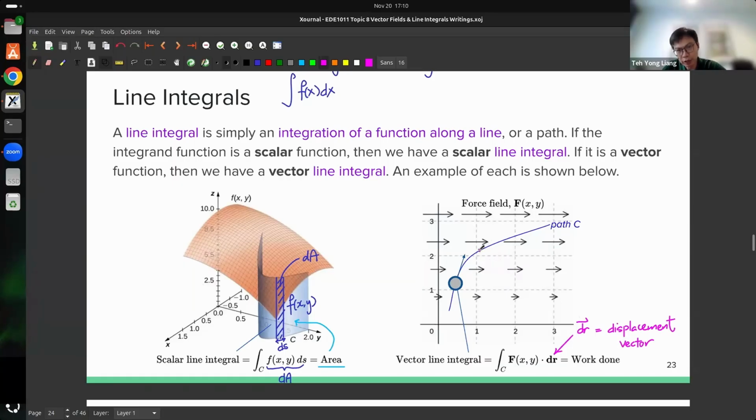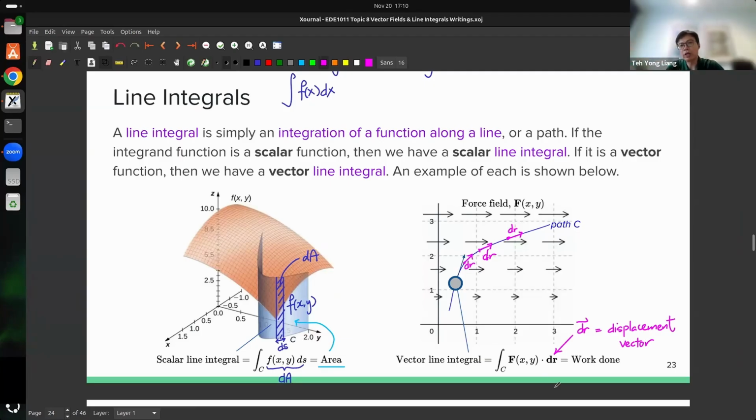If you're at this point, you can say that the displacement vector dr is this. Then if you're at this point, the displacement dr is this. Then if you're at this point, the displacement dr can be this. So it's a very small displacement. In fact, it's infinitesimally small along the path. So dr is a bunch of small displacements along the path.